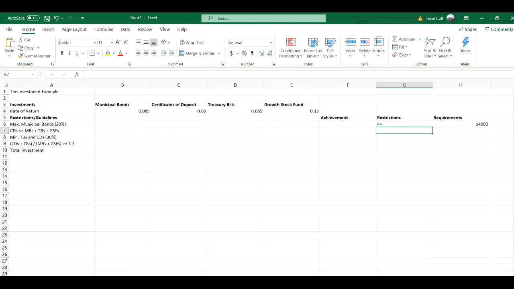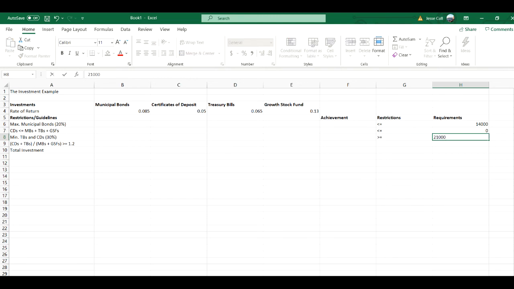What this becomes through a simple algebraic transformation is CDs plus TBs must be greater than or equal to 1.2 MBs plus 1.2 GSFs.